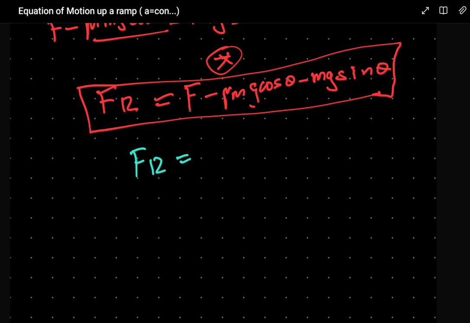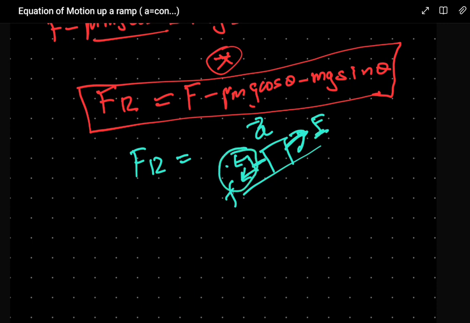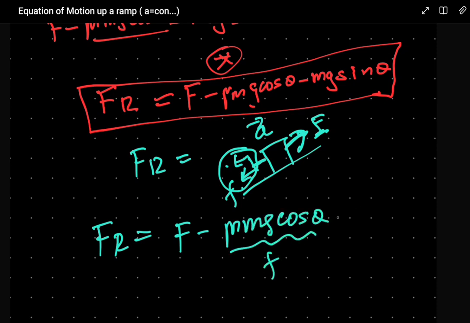There is a ramp with a force applied on it, and the mass is accelerating up because the applied force F is greater than the sum of the two downward forces, the sine component of the weight and friction. So to calculate the resultant force, you take the applied force minus mu times mg cos theta, which is the frictional force, and then minus the sine component of the weight. This is how you find the resultant force.